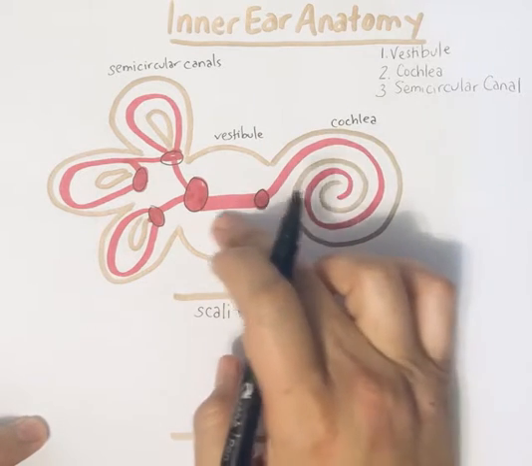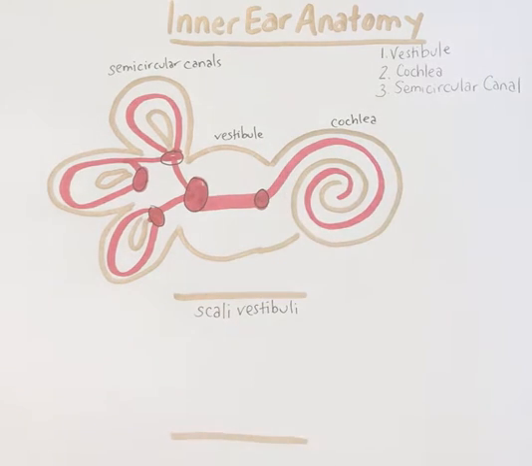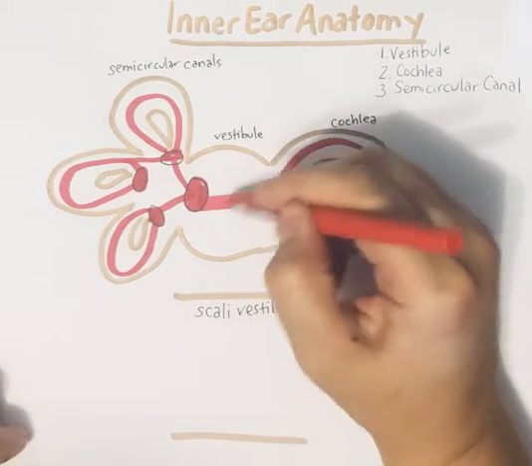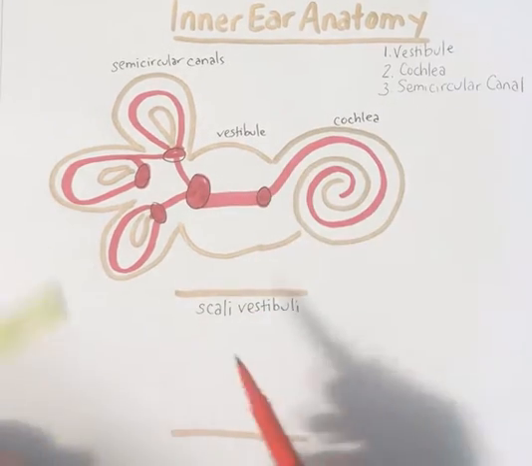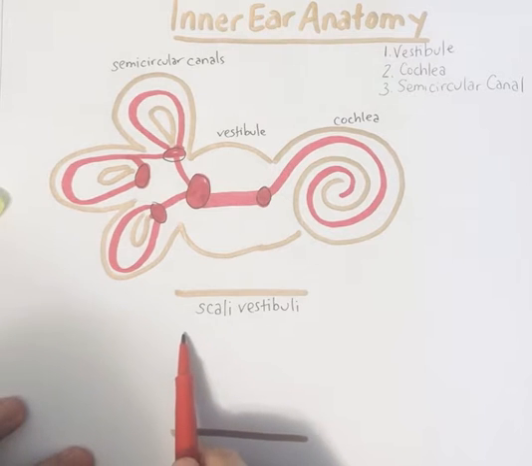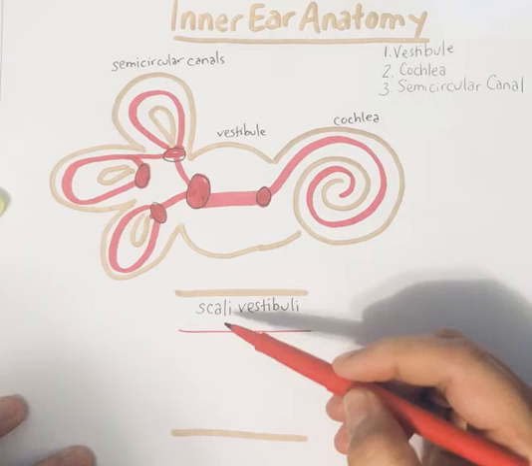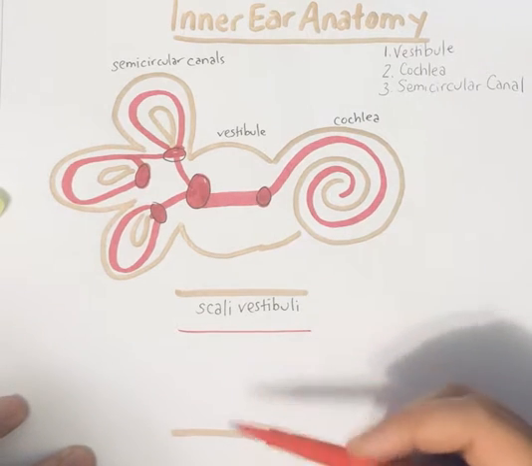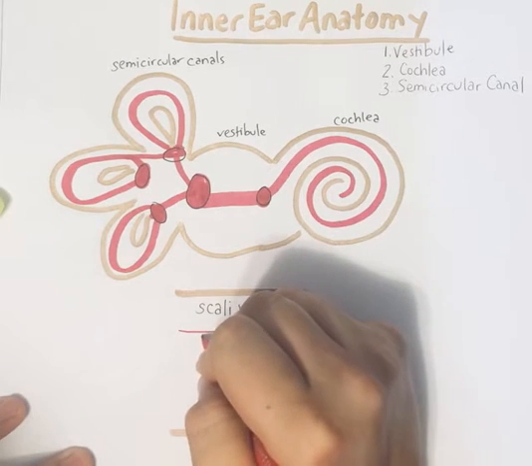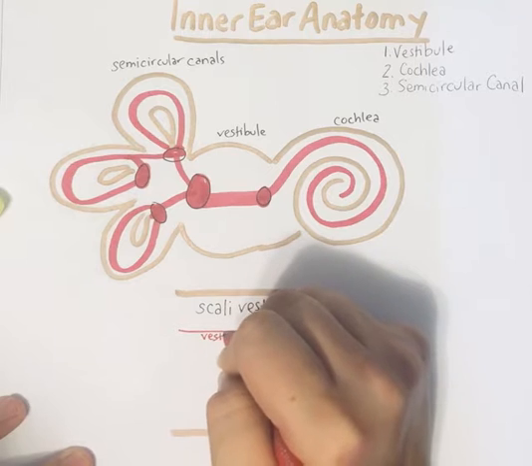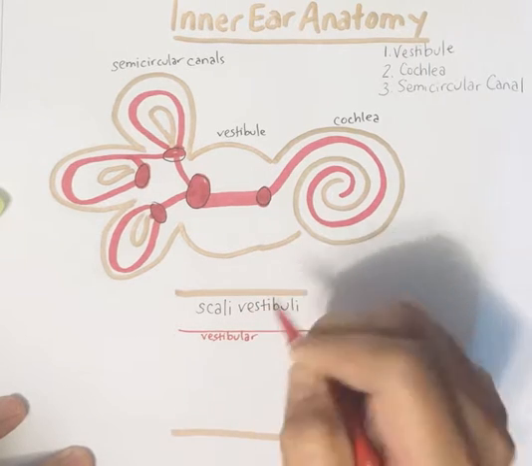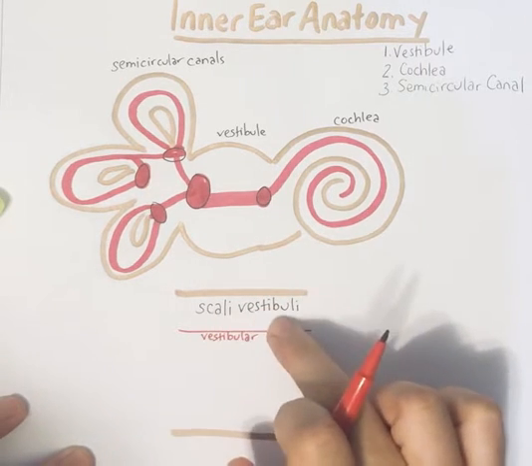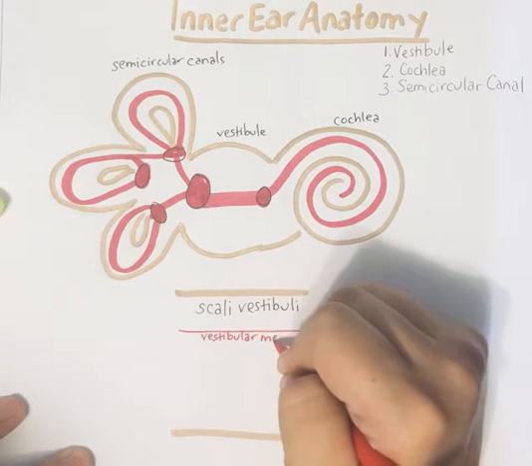Now, the membranous labyrinth is created by a membrane. So even though I have it written out right here as just all pink, literally the membrane that is underneath the scala vestibuli that divides it into the three layers is called the vestibular membrane, because it is under the scala vestibuli.